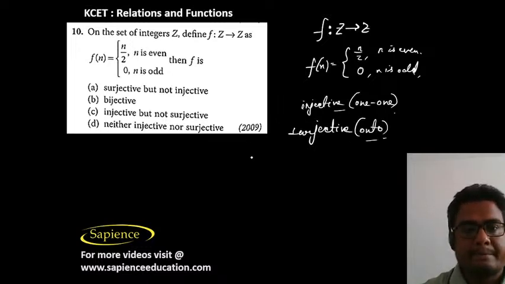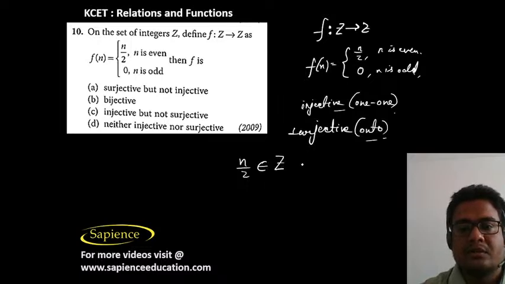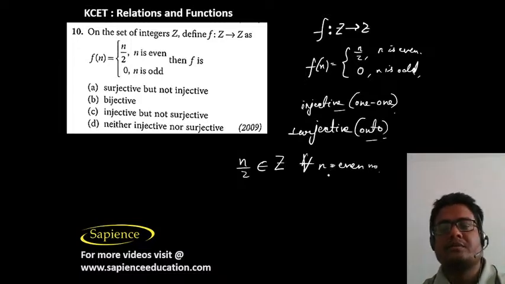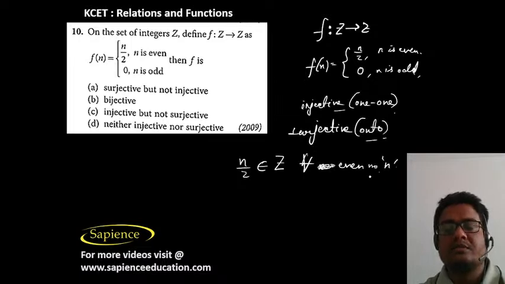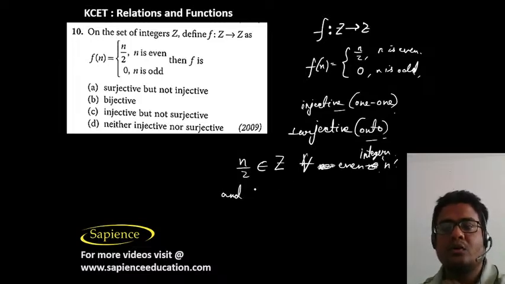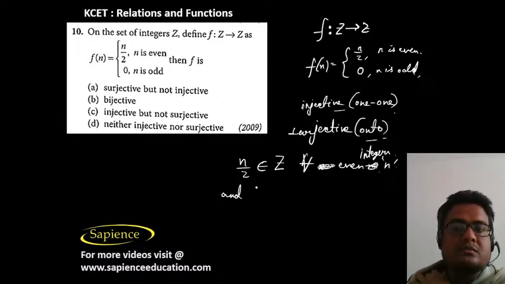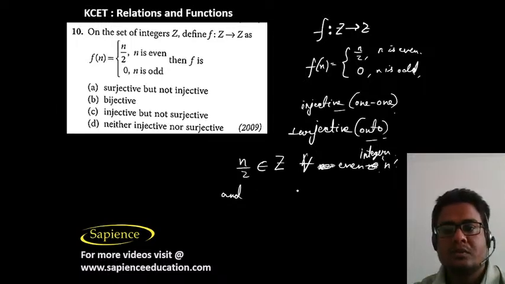Here, on the set of integers, if n is even, n by 2 will be an integer. So n by 2 belongs to Z for all even integers n, and for all odd numbers it is 0.